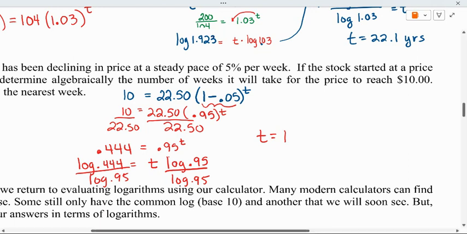So I get about 15.83 weeks. If we're doing to the nearest week, it's going to be 16 weeks. Did everybody get that on their calculator? Okay.